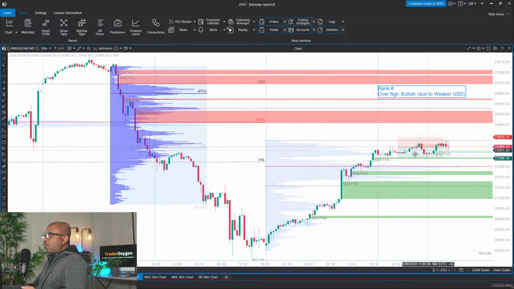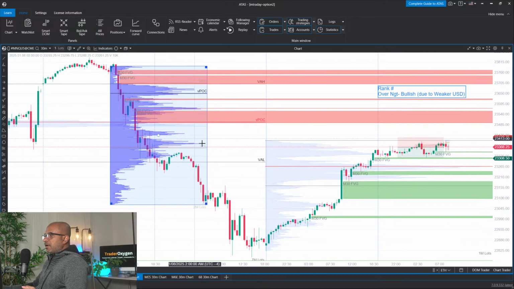Even though it's bullish, you can see during the price push down, this high volume cluster was formed right over here. Now, when the price retraces over here, you can see the price has a reaction to this high volume cluster.